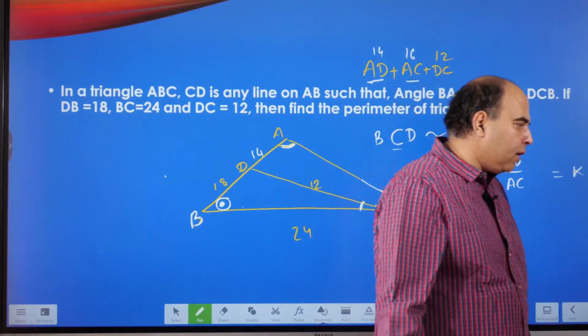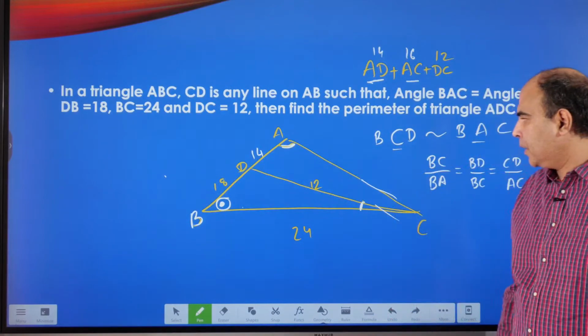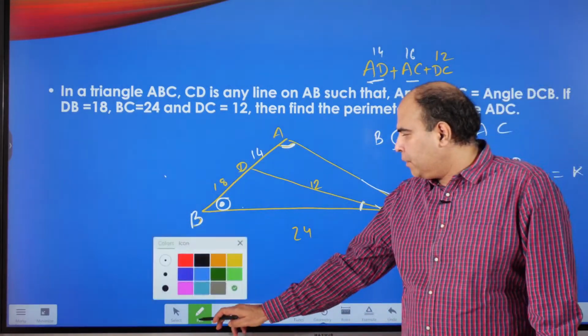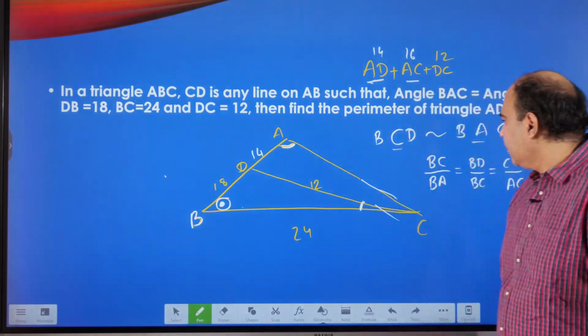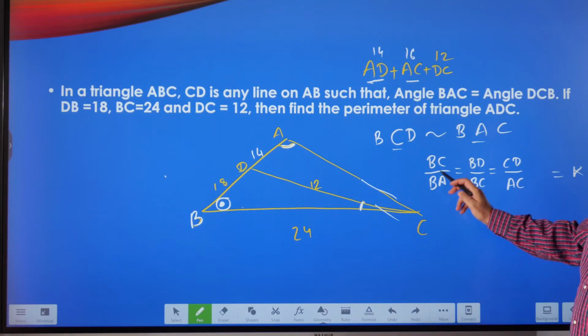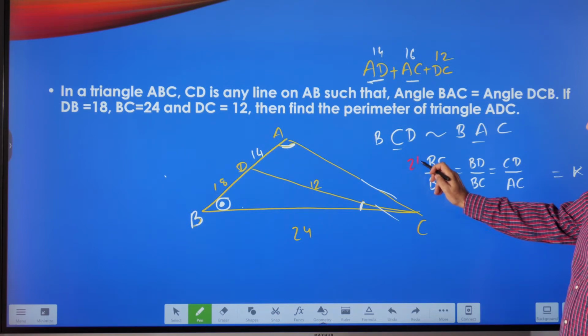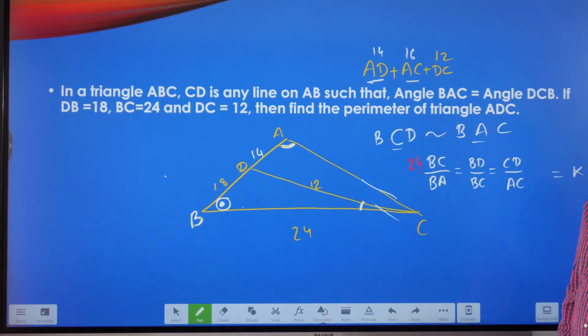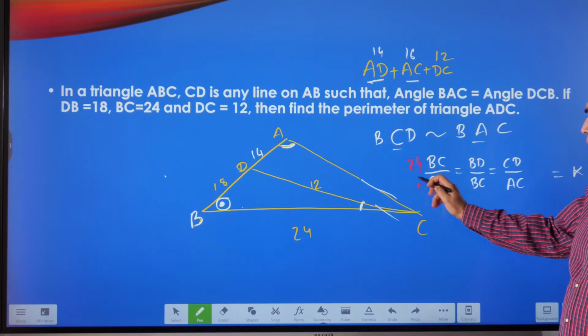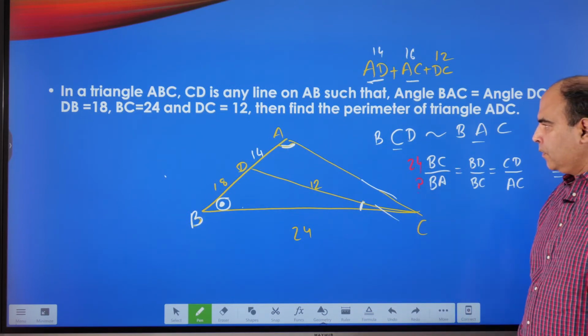So then you start checking which one of these values is given to me. So when I start looking for the values, I see that BC is given to me as 24 by the problem, and AB is something I have to find out. I don't know AB, right?